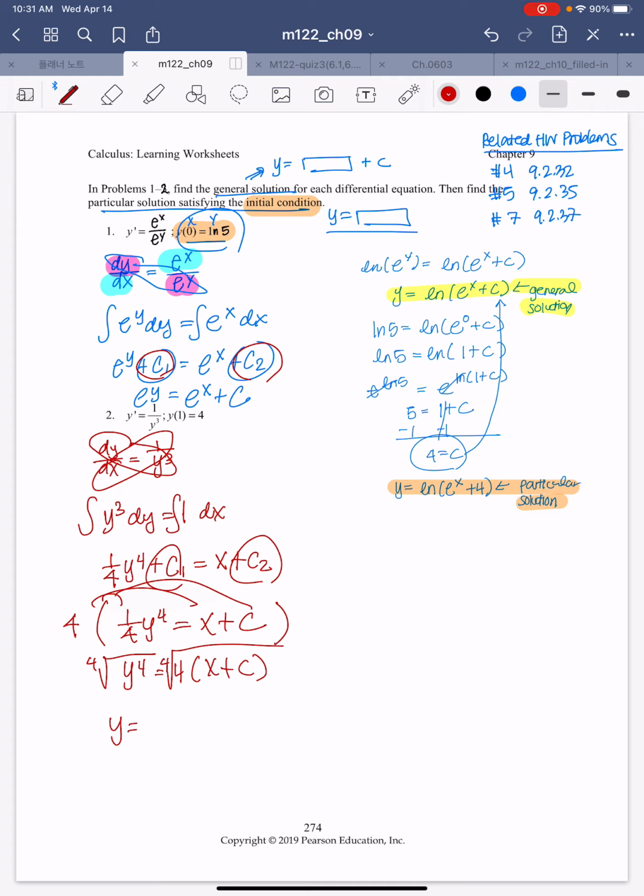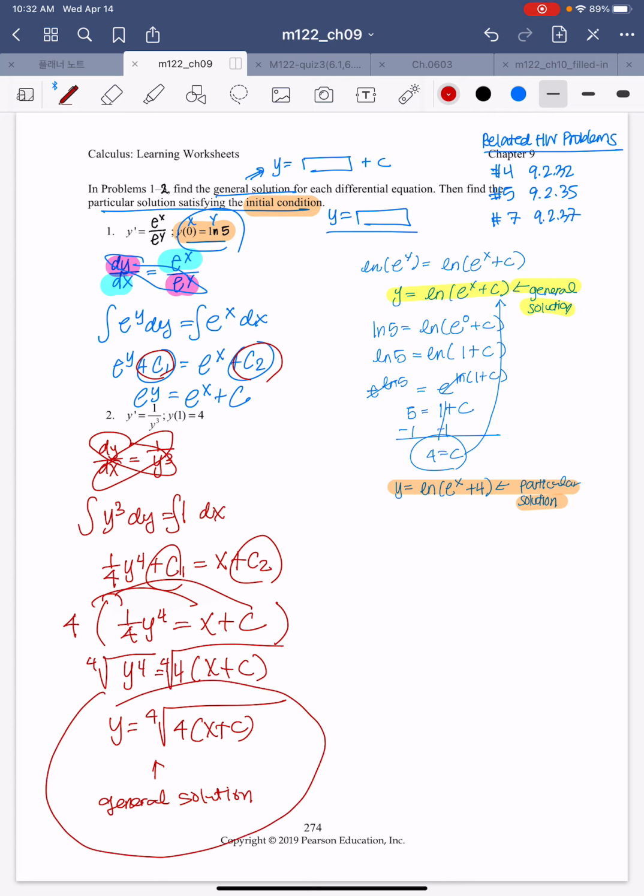So y is equal to the 4th root of 4x plus c. Again, this will be my general solution. We solve for y and we leave c as a general term. Okay. Now let's go ahead and use our initial condition to solve for c to find a particular solution.